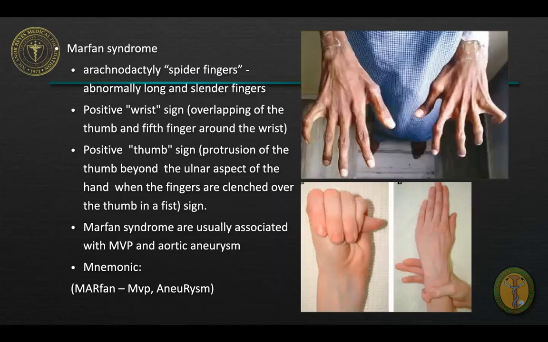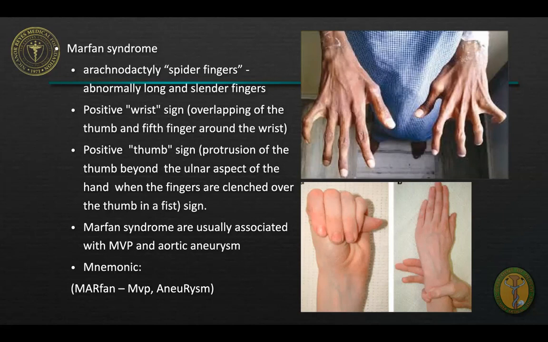A positive thumb sign is protrusion of the thumb beyond the ulnar aspect of the hand when the fingers are clenched over the thumb in a fist. You can see this in the lower portion of the slide, and the arachnodactyly is seen in the photo at the top part of the slide.